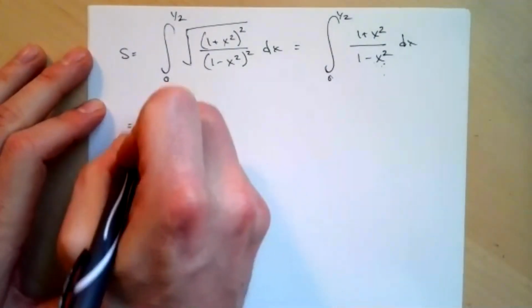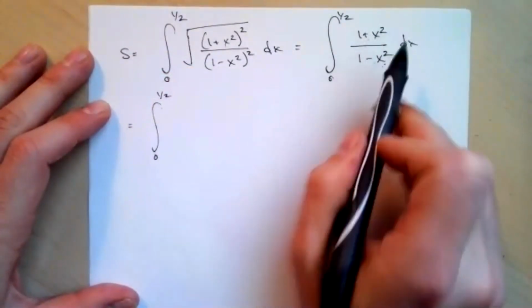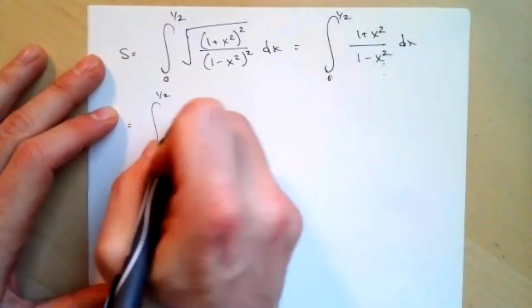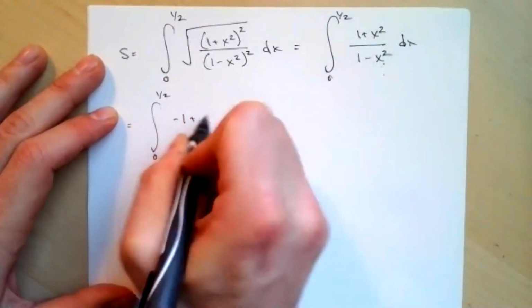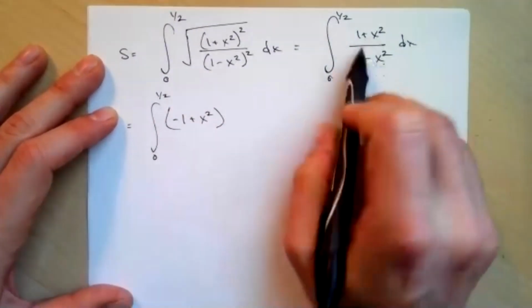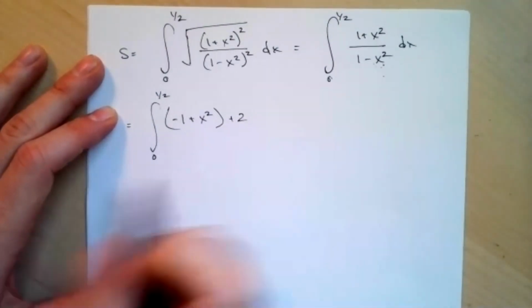What do I mean by that? I mean, it'd be nice if we had 1 minus x squared in the numerator. We have a positive x squared, but maybe I could write it as minus 1 plus x squared. But the numerator should have a constant of positive 1.